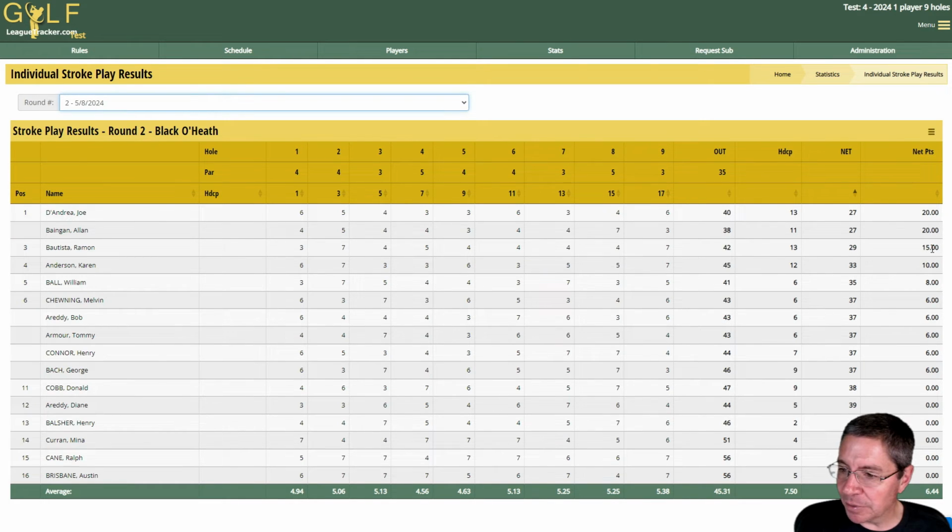He gets second place points, and then 10, 8, and 6. And 6 points, there's a number of players tied for fifth place, and so each one of them gets 6 points. So you'll notice if you added these up, it's distributing far more points than we had before because of the stroke play tie rule that we have set.